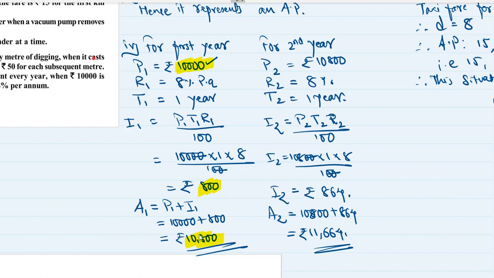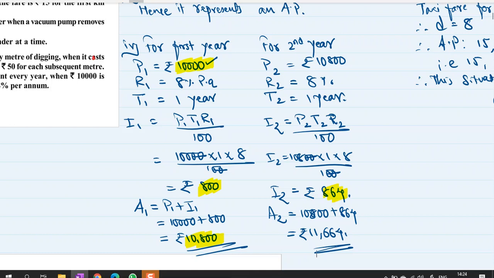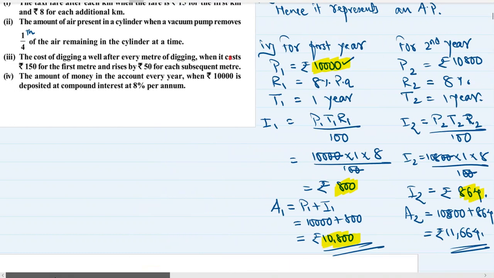Now again 800 should be added to 10,800, but no, 864 is added. That means the common difference is not fixed. And I told you in a question before this that if the common difference is not fixed, this situation cannot be an AP, because in an AP only one thing remains constant, the common difference. The common difference is not fixed and hence this situation does not represent an arithmetic progression.